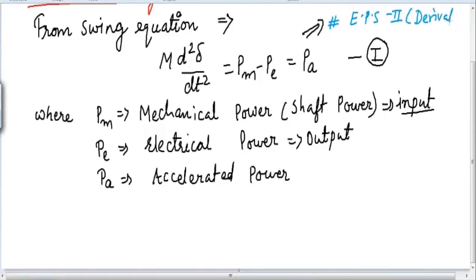So you can go back to your copies and check the derivation. From there you can note the derivation of the swing equation and arrive at this particular equation, that is M d square delta by dt square is equal to Pm minus Pe, that is equal to Pa.